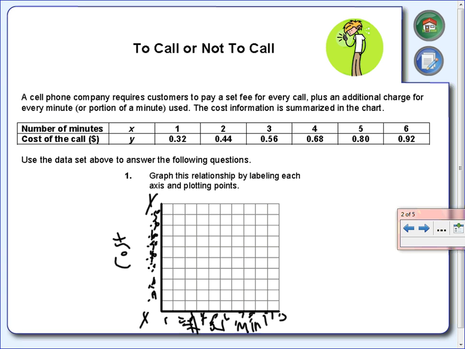All right, so now you're going to go and start plotting the points. So you got 1 and 32 cents. There you go. That's all right, as long as you're close there. The next one is 2 and 44 cents. 30 and 56 cents. All right.